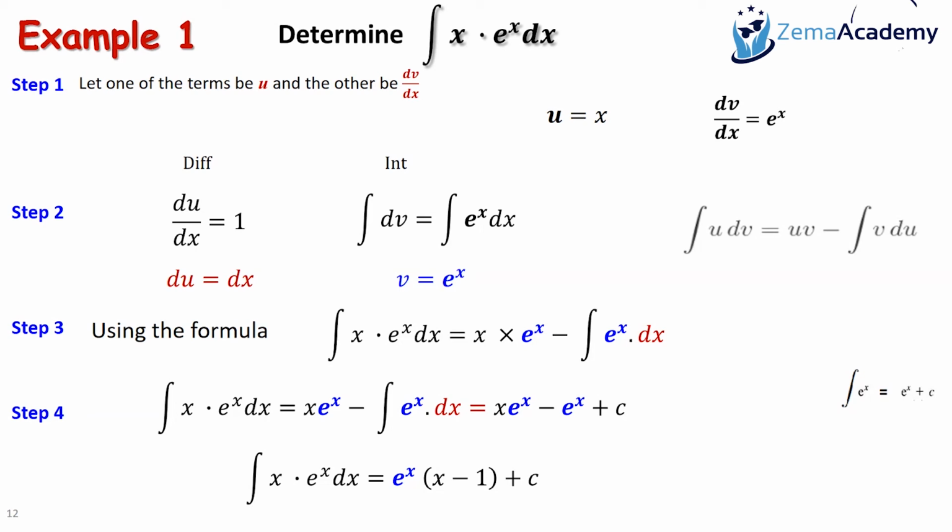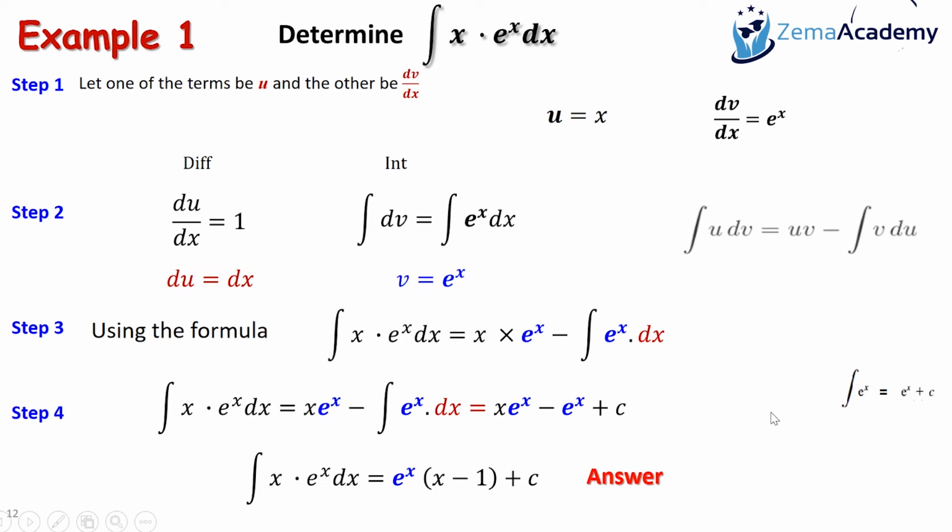If it is algebraic and trigonometric, then algebraic is lying left to trigonometric function. If you have got log value and algebraic value, then log is lying left to algebraic function. So log needs to be made u.